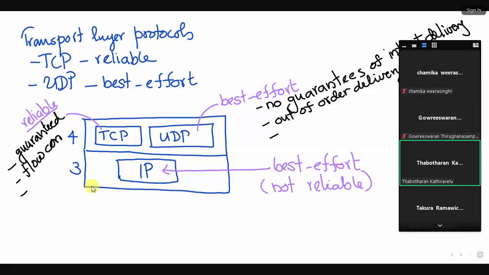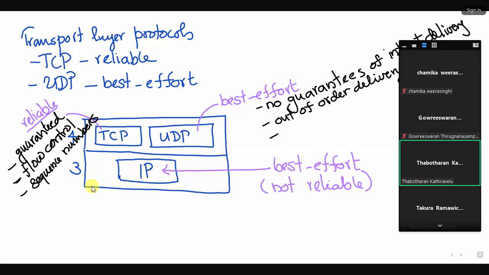I will explain them later, flow control and congestion control, not now. Also sequence numbers for packets, sequence numbers to identify segments.